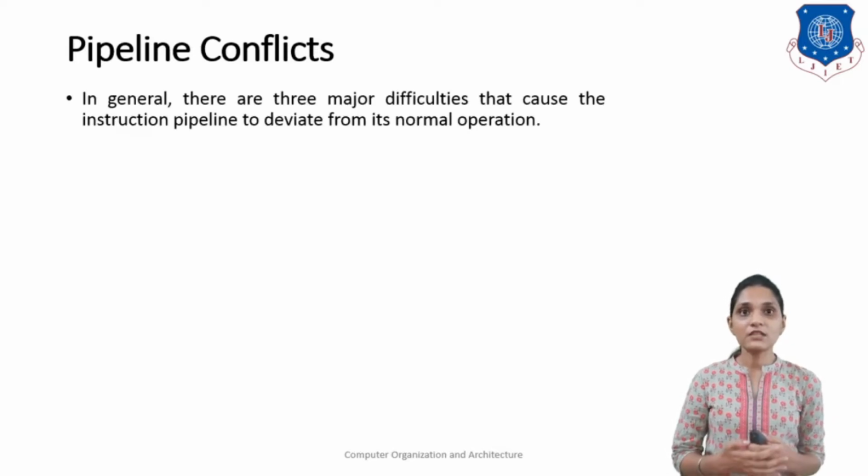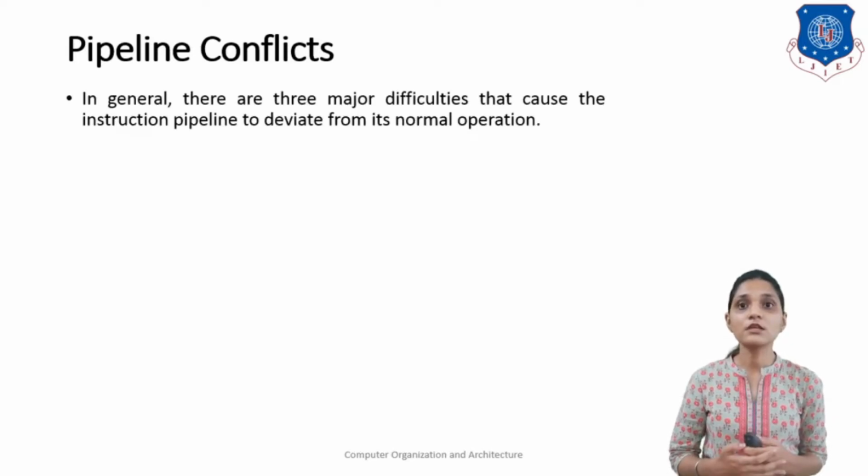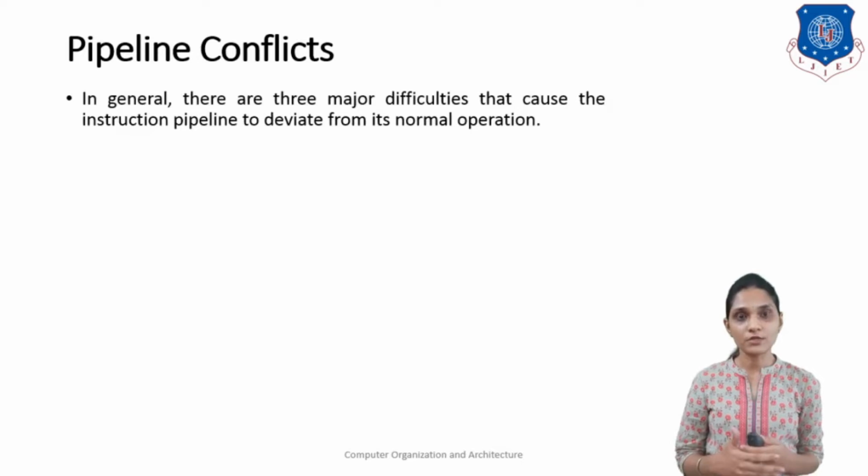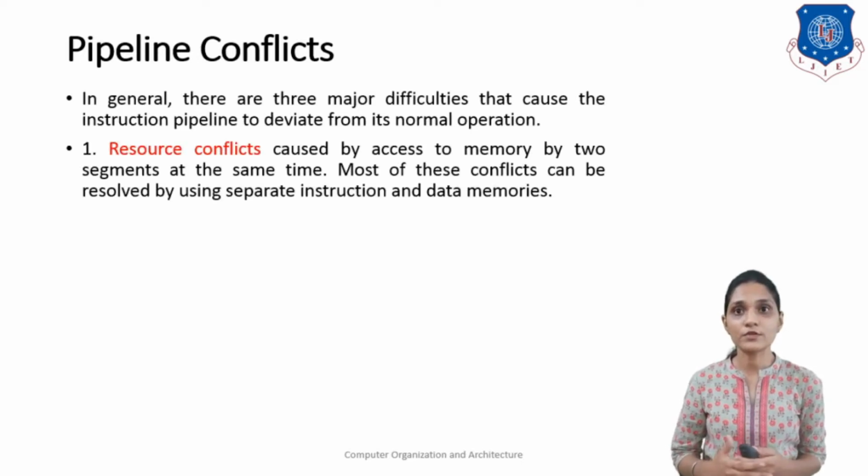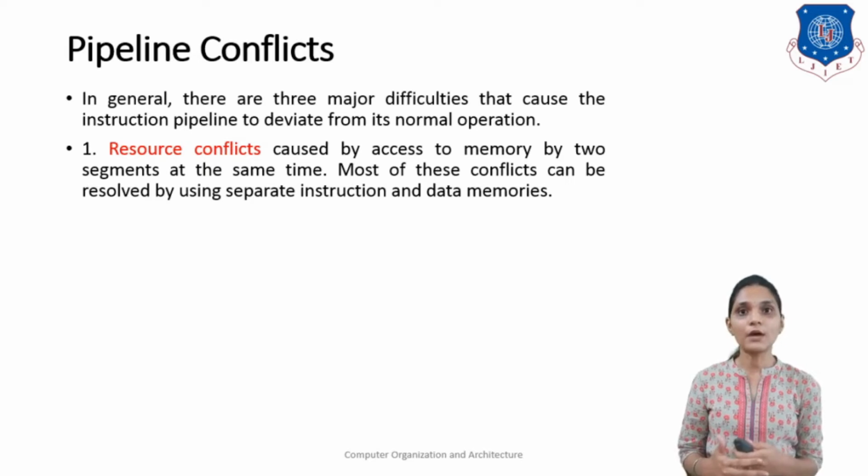In general, there are three major difficulties that cause the instruction pipeline to deviate from its normal operation. The first one is a resource conflict, which causes access to the memory by two segments at the same time. Most of these conflicts can be resolved by using separate memory for instruction and data.